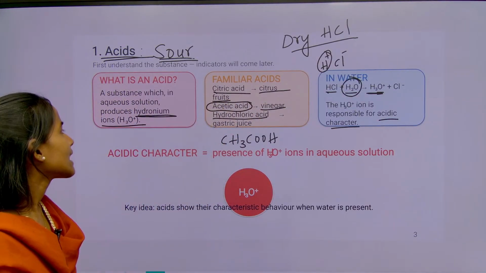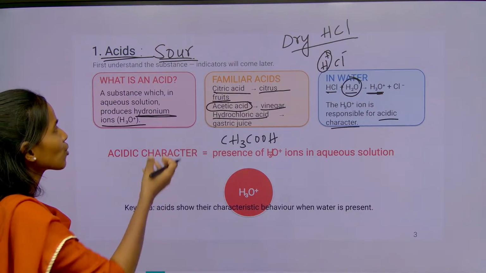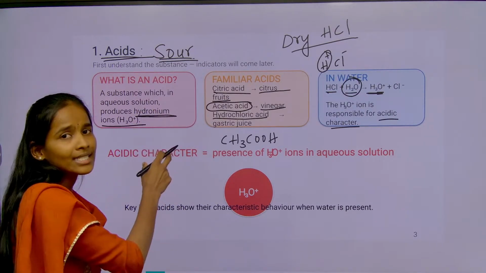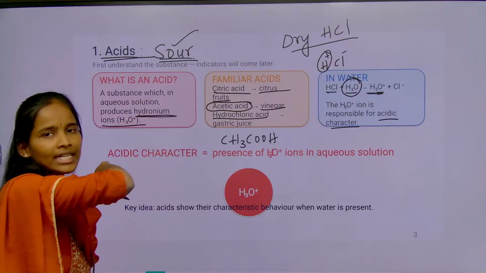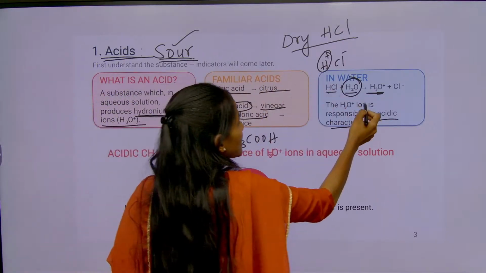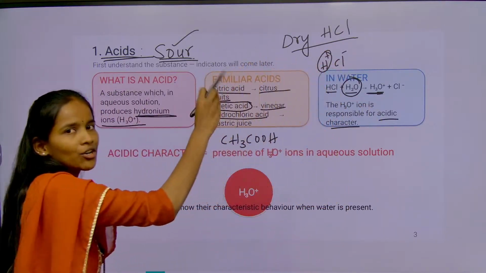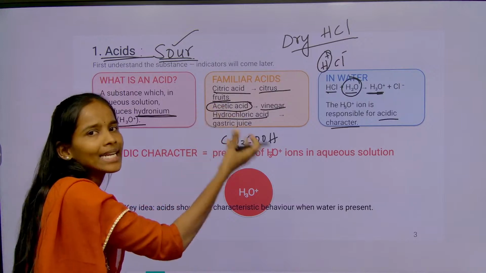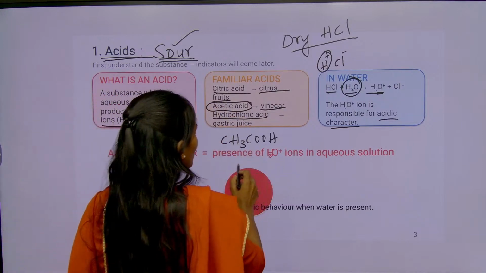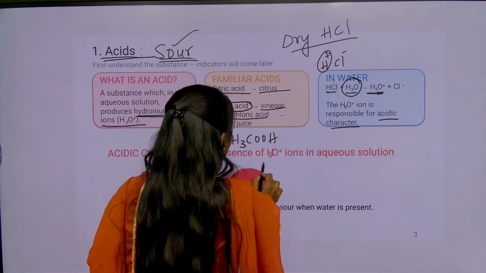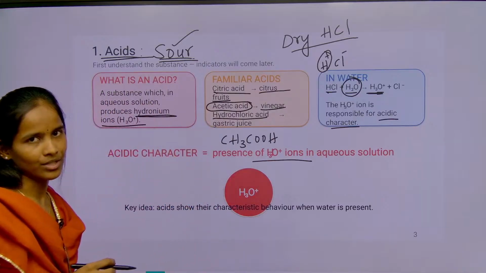Acids are generally sour in taste, and to show their acidic character we have to add them to water, then only they release H3O+ ions. This is all about acids.